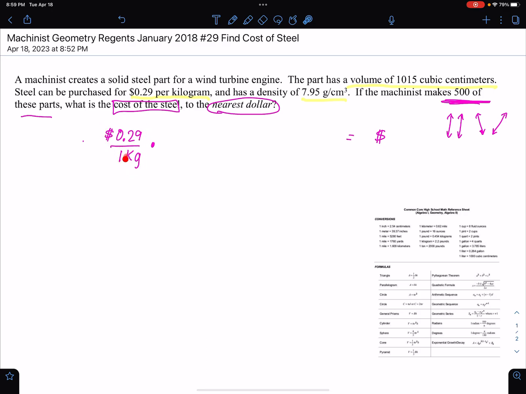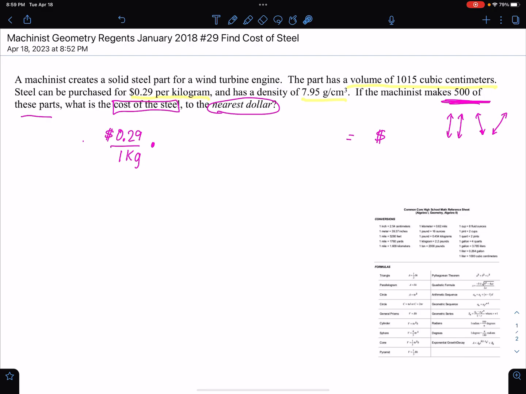So we need to find a way to cross out this kilogram diagonally. Now, is there anything in the problem that mentions kilogram? No, it doesn't, but it does have gram. Remember in class, we mentioned that when solving the problem, you always got to pay attention to the way that they're charging you.